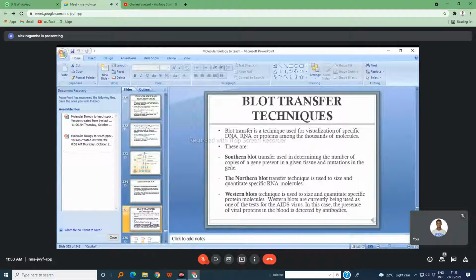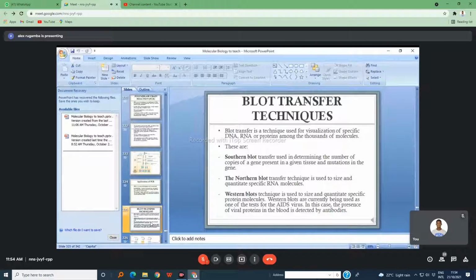Northern blot is for RNA, and then Western blotting is for the proteins. The technique used to size and quantify specific protein molecules is called Western blotting. Western blotting is currently used as one of the tests for HIV, in the case of the presence of viral protein detected in our bodies.